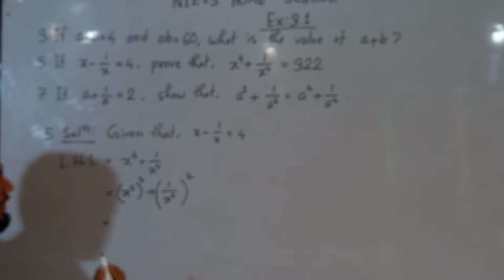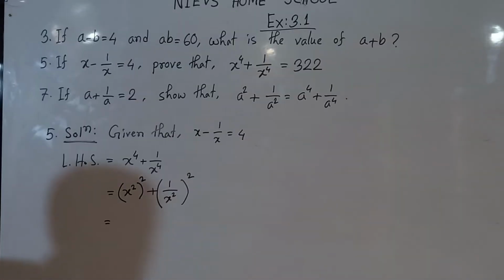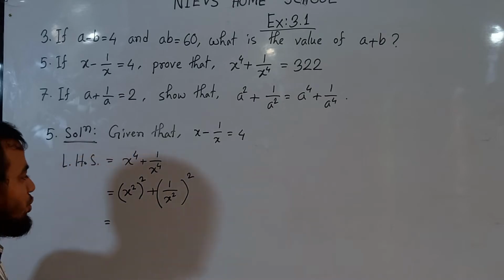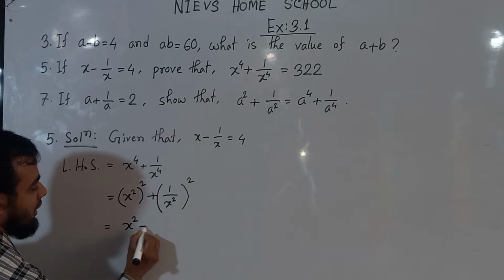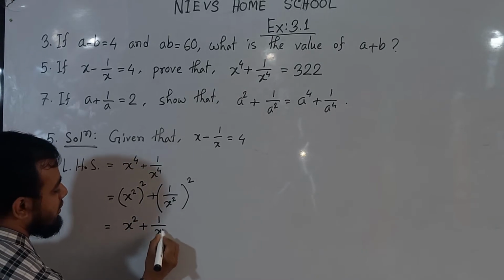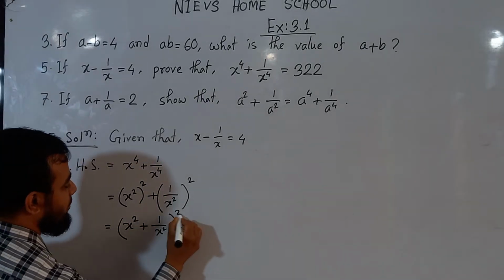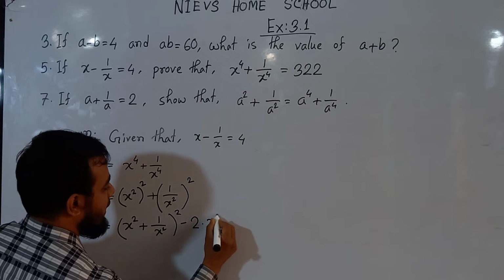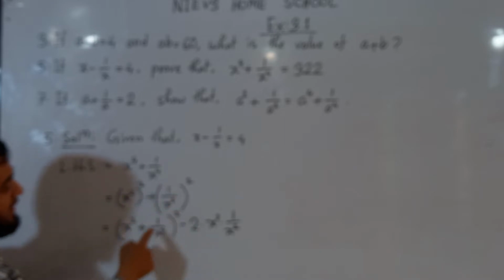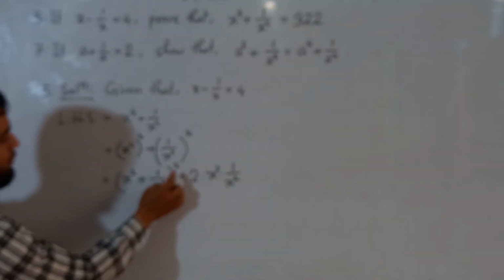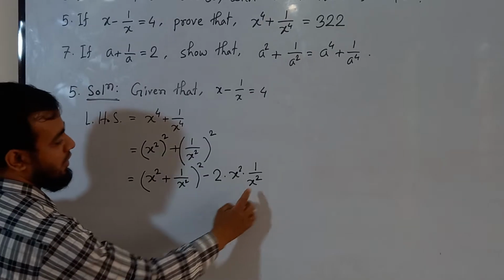Now corollary 1 is what? a square plus b square is equal to a plus b whole square minus 2ab. Here we have x square as our a, and 1 over x square is our b. That's why a plus b whole square minus 2ab.